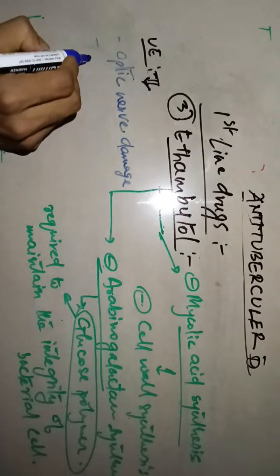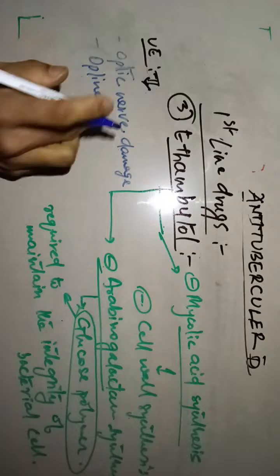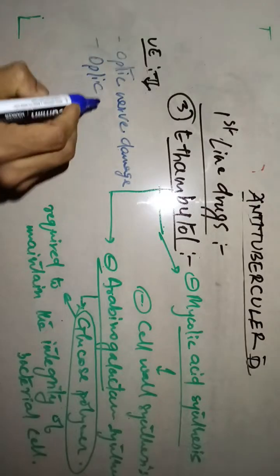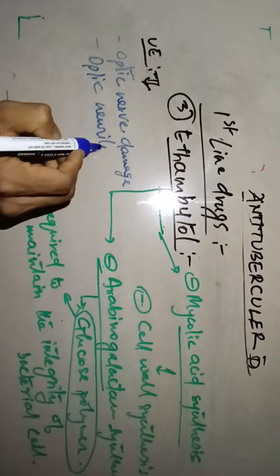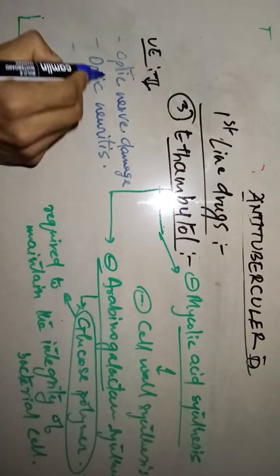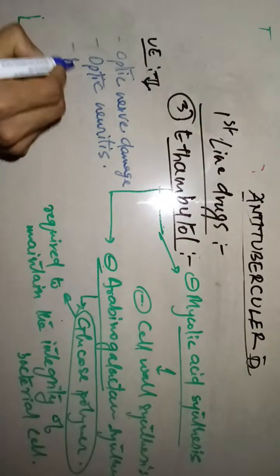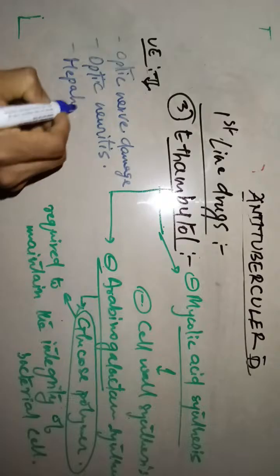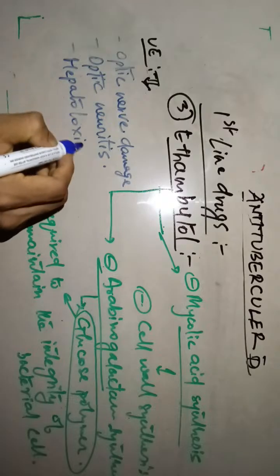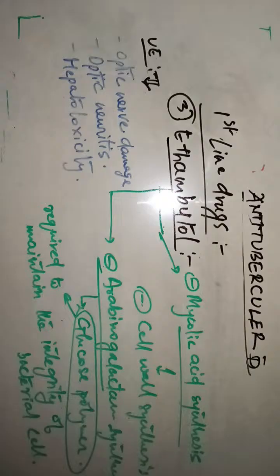Next is optic neuritis. Next is hepatotoxicity. So optic nerve damage, optic neuritis, and hepatotoxicity.